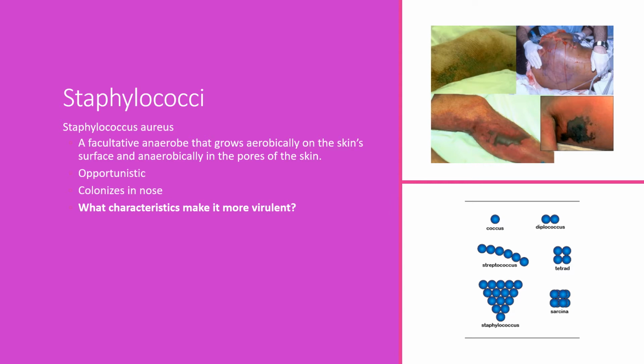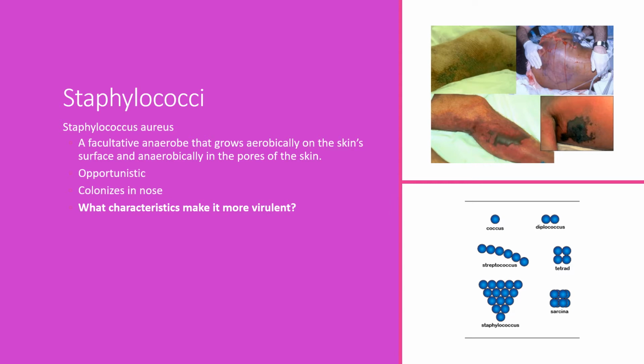Staphylococcus aureus can live on the skin or in the pores of the skin. It also colonizes in the nasal passages of 15 to 40% of individuals, and that's why it's so important for us to cover our nose when we wear our mask. Staphylococcus is opportunistic, so it lives on our skin and doesn't really harm us unless it's given an opportunity.